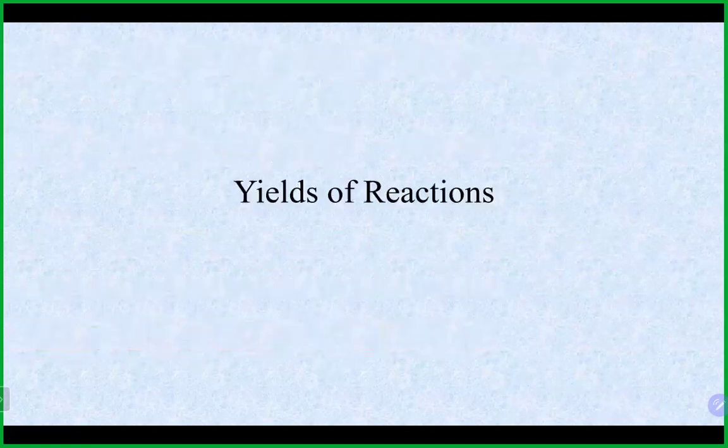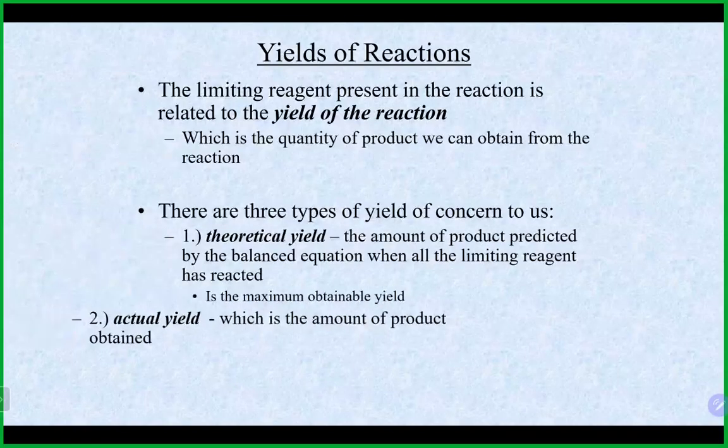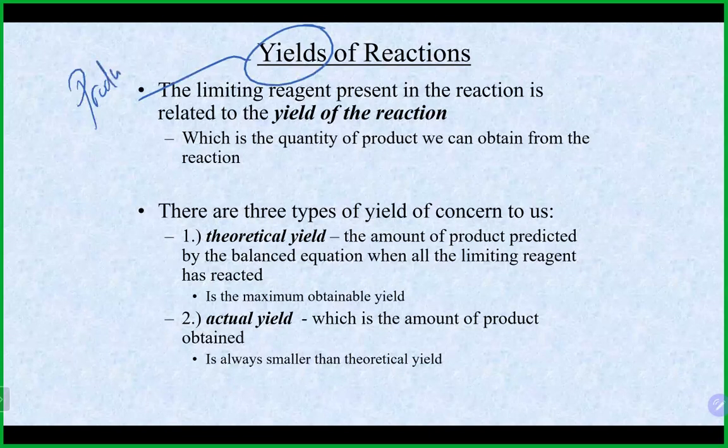All right. So let's talk about yields of reactions. So we've been talking a little bit about yields, and there's really three types of yields that we come across when we do stoichiometry problems. The first one really is what we've been calculating in a lot of these problems, which is whenever you calculate a product, and by the way, once again, a yield should be a product. So a yield does need to be a product.